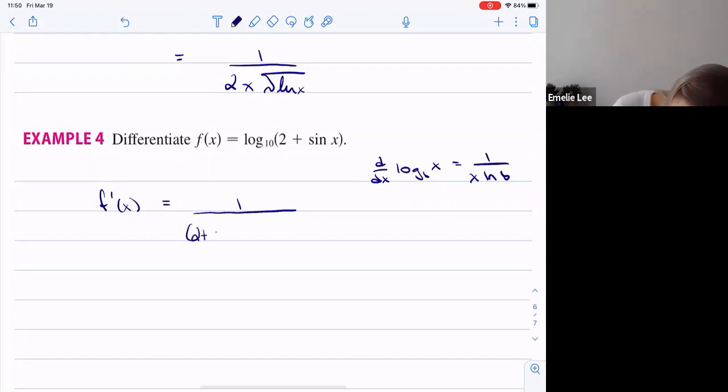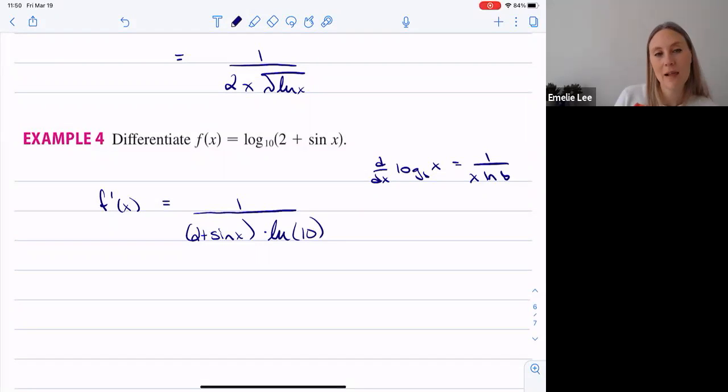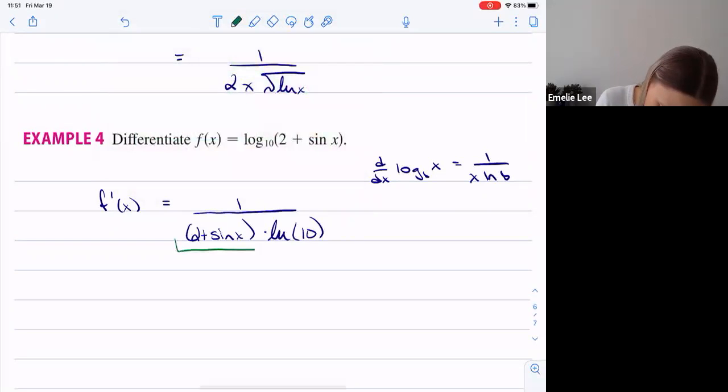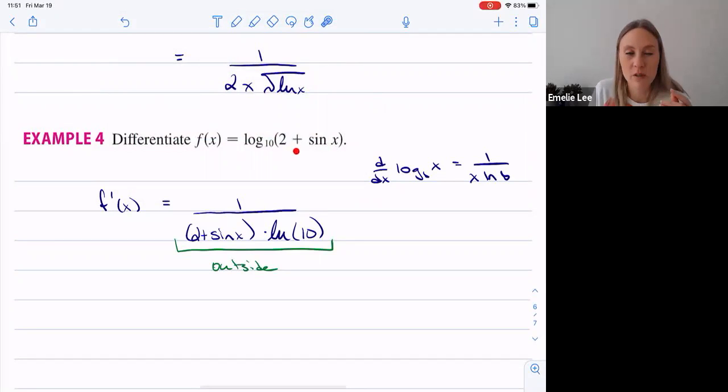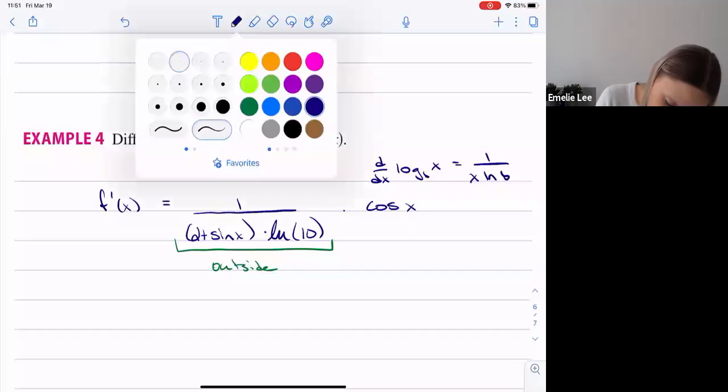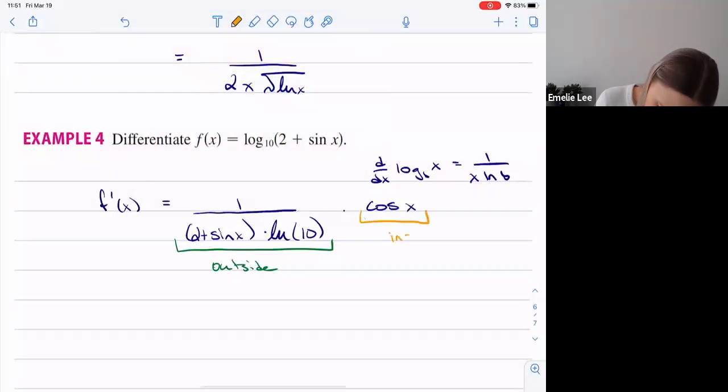So I'm going to do 2 plus sine x down here times the natural log of b, which is the natural log of 10. That's the derivative of the outside. Now I want to find the derivative of the inside. The derivative of 2 plus sine x is just going to be cos x. So times cos x, and this is the inside.